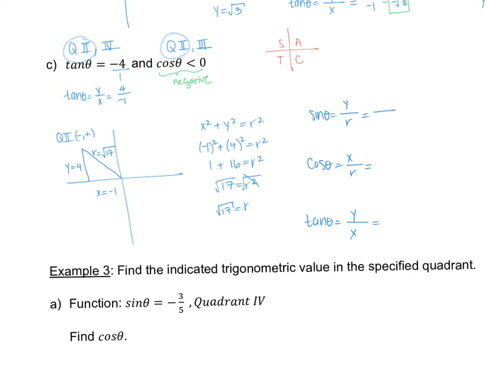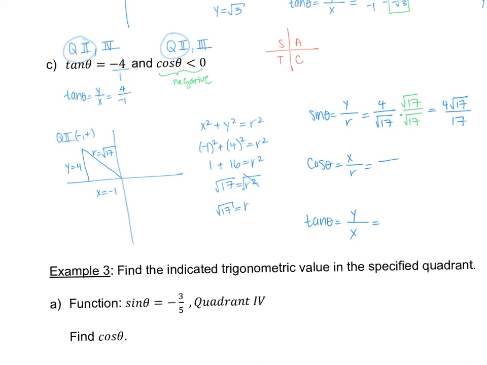So our sine here is going to be 4 over root 17, which won't do because the root is in the denominator, so I need to rationalize, multiplying top and bottom by root 17. And so I've cleaned it up after I've multiplied it straight across. 4 and 17, they don't reduce, so I'll leave my answer like this.